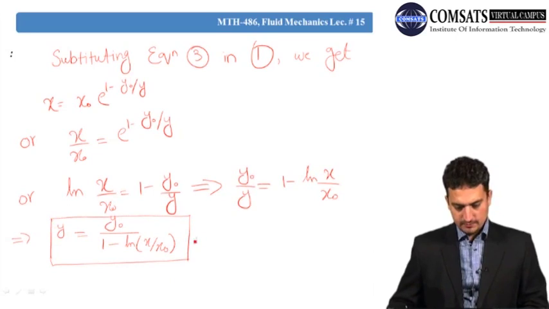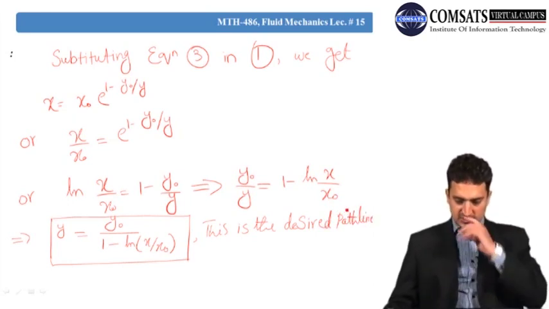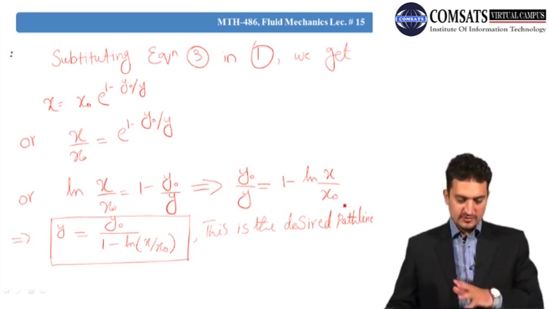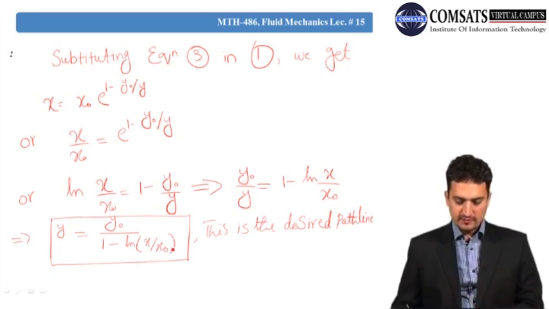So here this is the desired path line. This is the desired path line of the fluid particle जिसकी velocity हमें given थी, and it is coincident with the point x naught y naught.